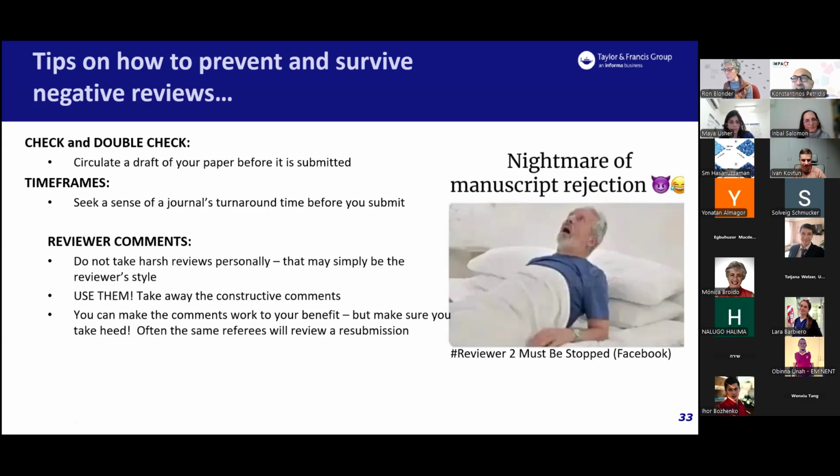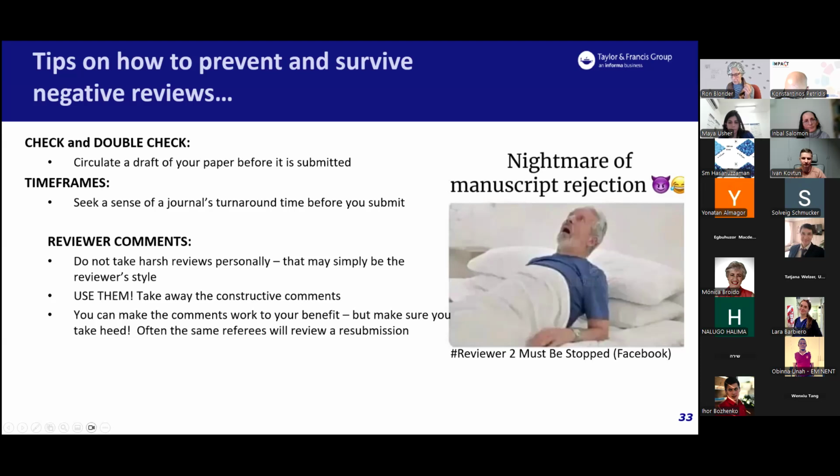Try to read them very, very technically and to understand what they mean. And even if you are rejected, take the reviewers' comments and use them to learn how to improve your manuscript, to take them as constructive comments, okay? And take them and try to make the benefit of them, okay?